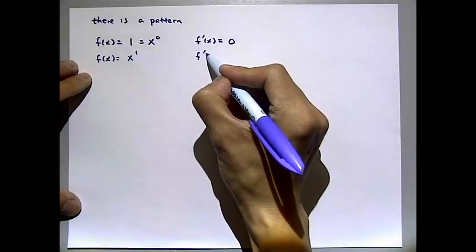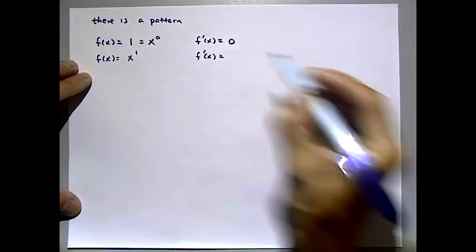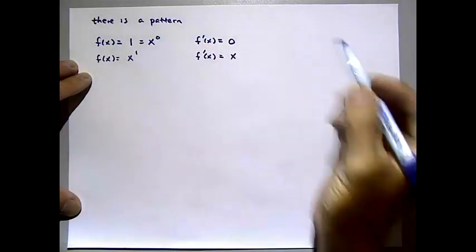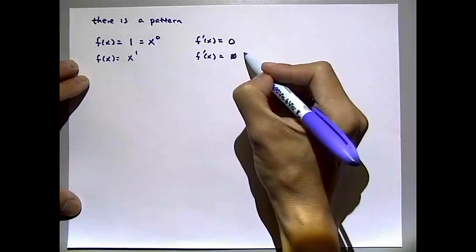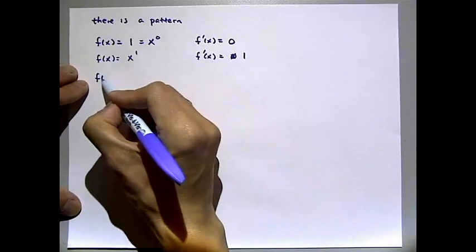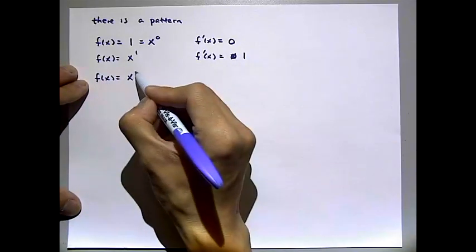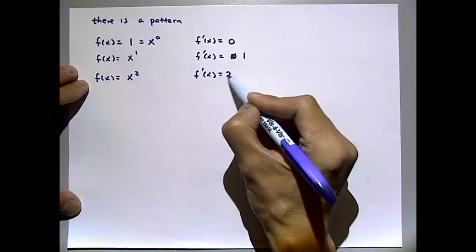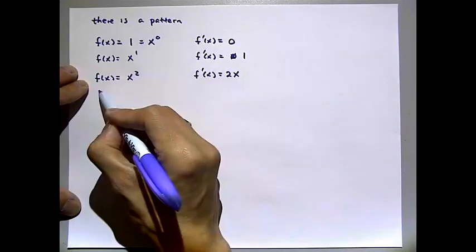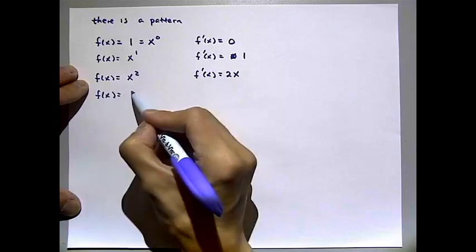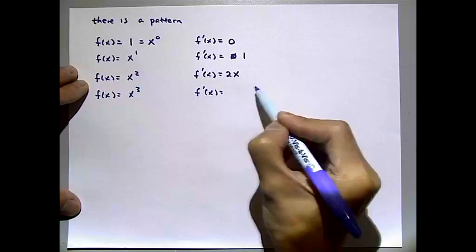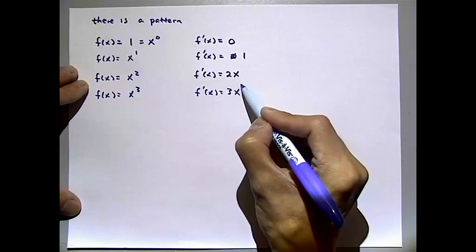The derivative we got after doing the limit was 1. When we had x squared, the derivative we got after doing the limit was 2x. When we had x cubed, the derivative we got after doing the limit was 3x squared.